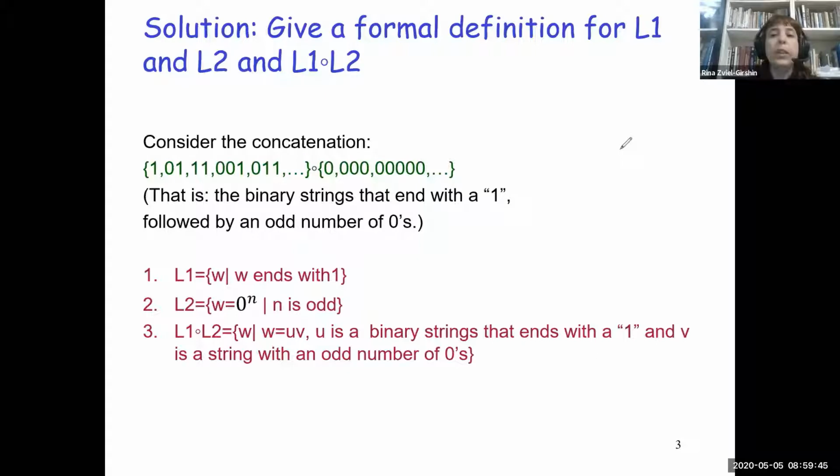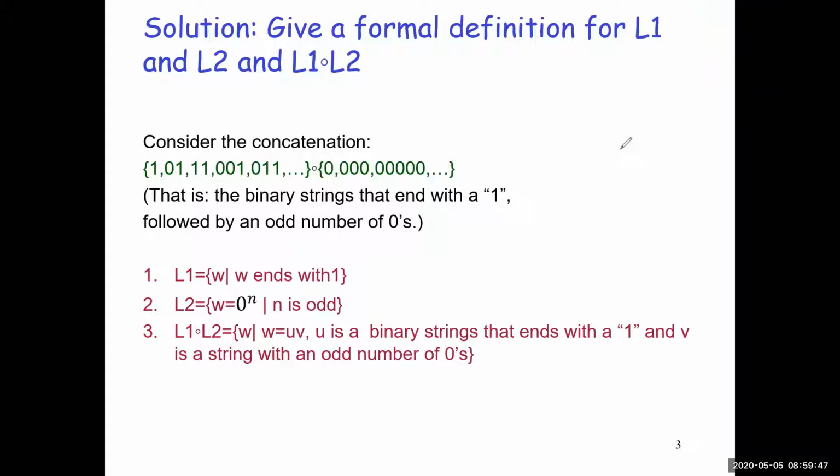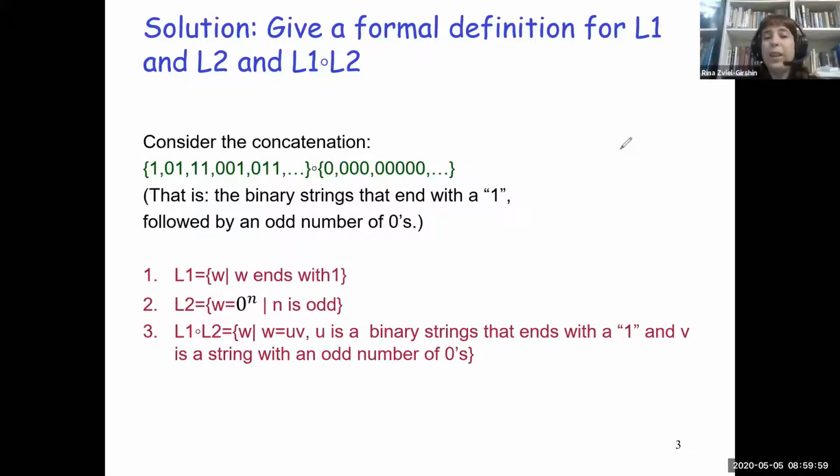Okay, the next. May I also ask a question? Yes, definitely. L1, isn't it a bit too broad, all the words that end with one? For example, the word 101 would not be in there? No, it will be here. Look, they start with suffix 1, and then you look at all prefixes: 0, 1, 00, 01, 10, 11 will be there.